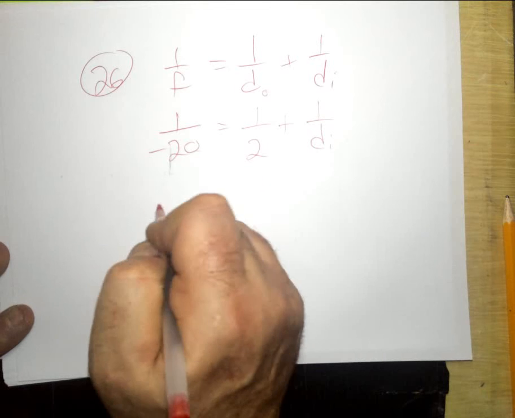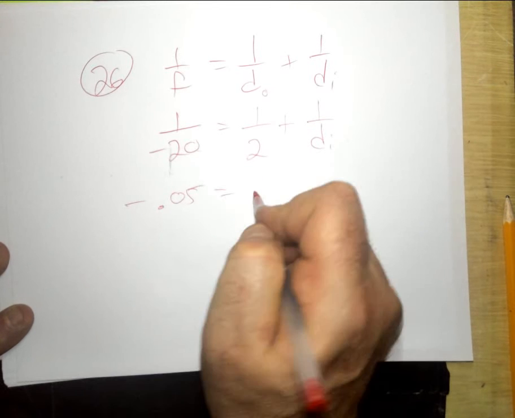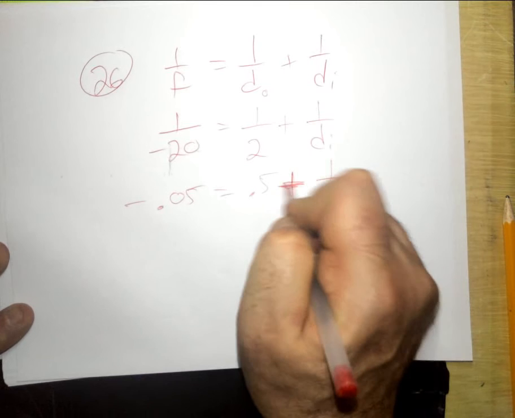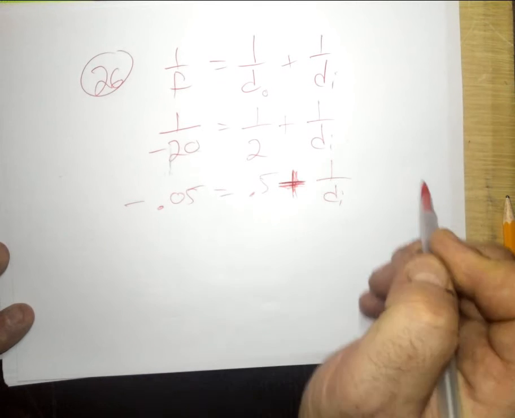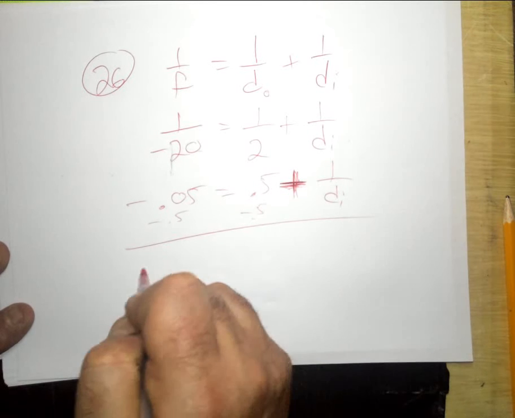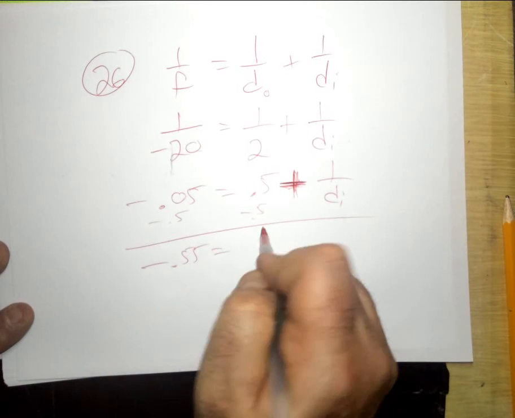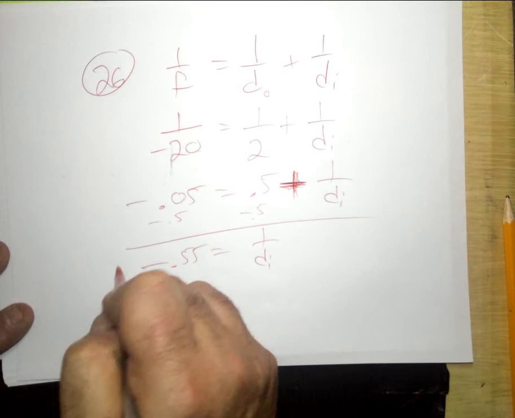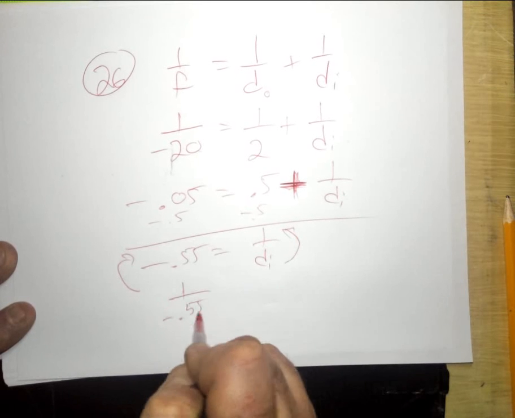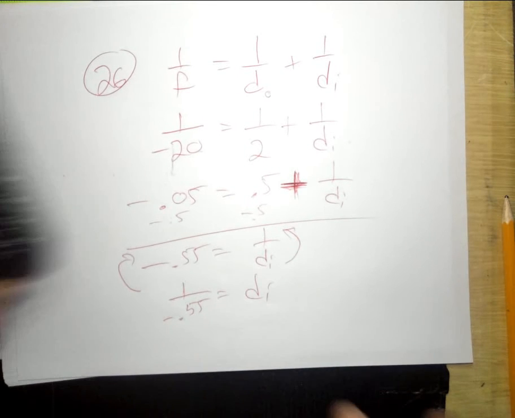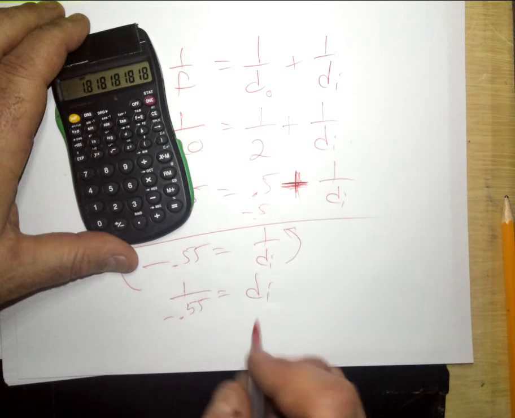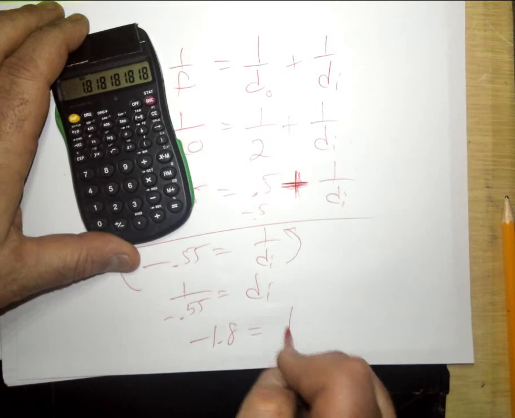So this is going to be negative 0.05, and this is going to be 0.5. Subtract off 0.5 from both sides. We get negative 0.55 is equal to 1 over DI. Flippity-flop everything. 1 over negative 0.55 is equal to DI. 1 divided by 0.55. So that's going to be negative 1.8 is our DI.